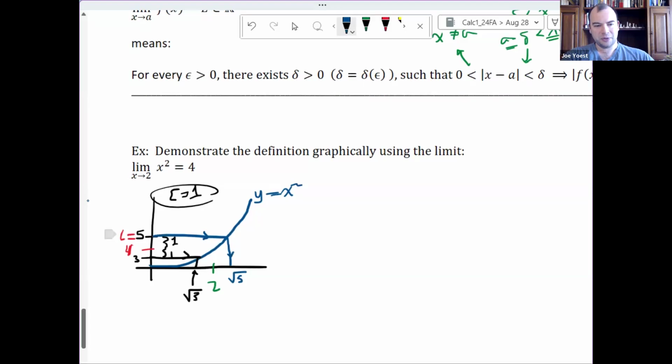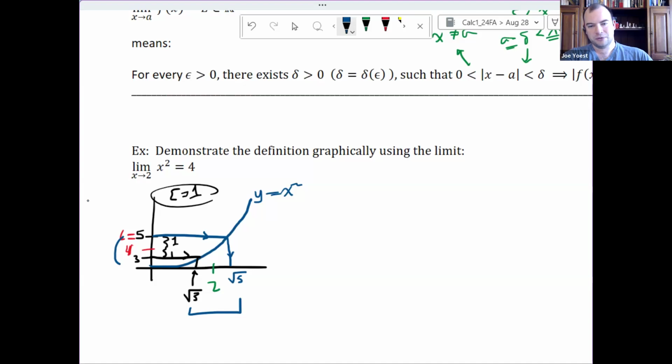So to keep my outputs within 1 unit of 4, keep my outputs between 3 and 5, I have to choose inputs between square root of 3 and square root of 5.